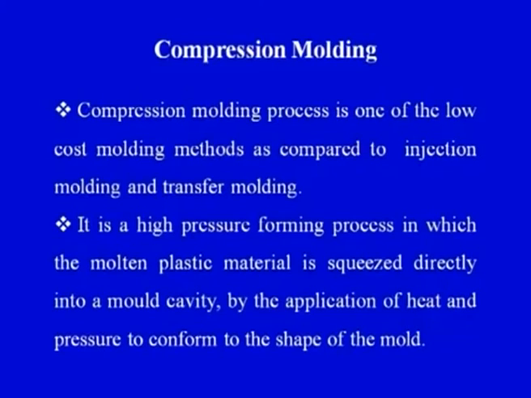So inside there would be a cavity and we would be compressing the polymer charge inside the two mold halves, and the charge would flow and take the shape of the cavity generated between the two mold halves, and finally it would be allowed to cool and solidify, and we will get the final product. Now let us try to understand the process of compression molding.